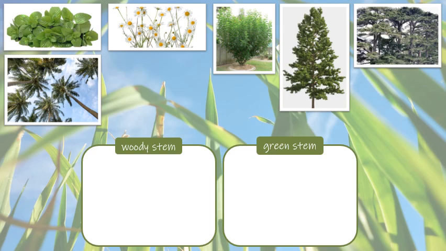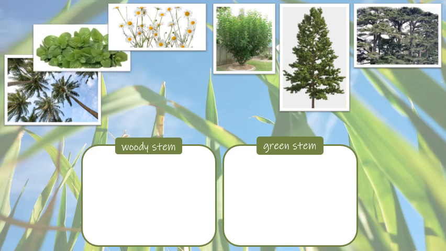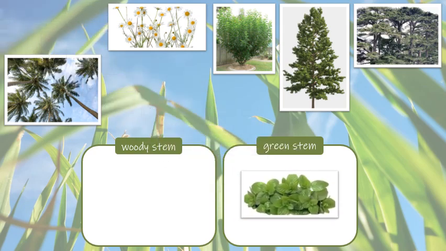Did you see a mint plant before? You can go and ask your mom if you want to. Is the line or the body of the mint plant, the line holding the plant stand, green or woody? Is it green or made of wood, brown? What do you think? The mint plant has a green stem.